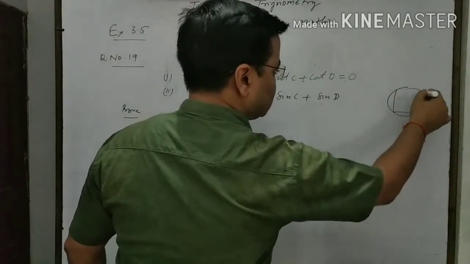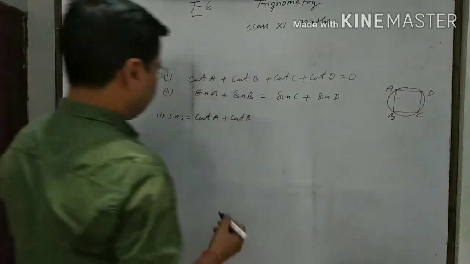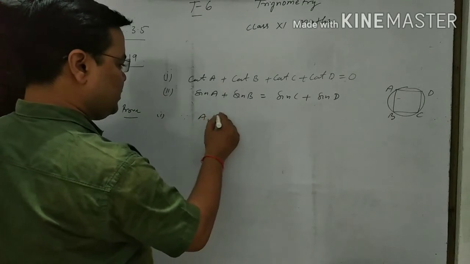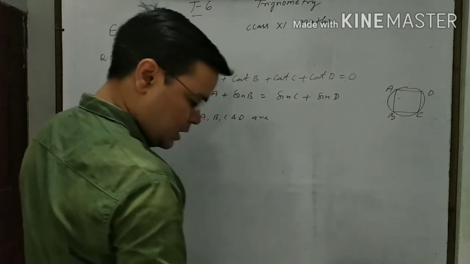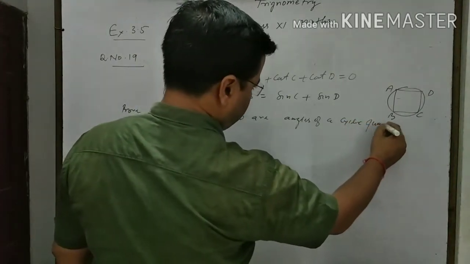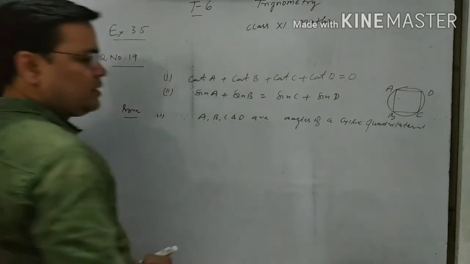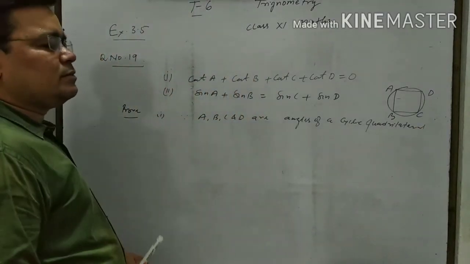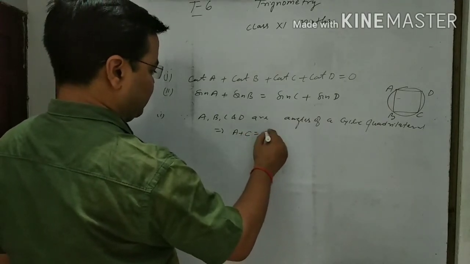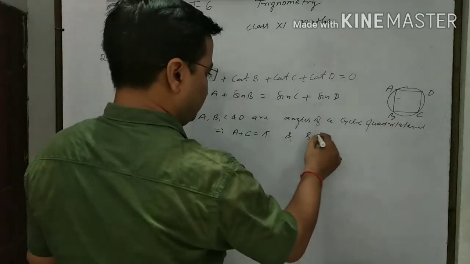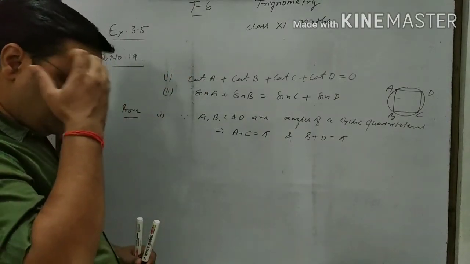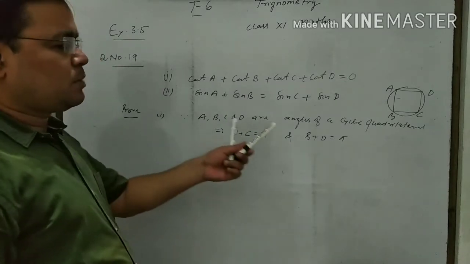Just remember it, A, B, C, D. Since A, B, C and D are angles of a cyclic quadrilateral, this implies that A plus C is equal to pi and B plus D is also equal to pi, according to the property of a cyclic quadrilateral.